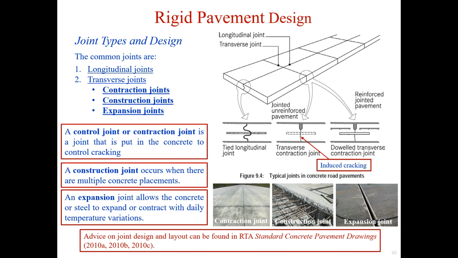We know the rigid pavement thickness design is dominated by stress caused by externally applied traffic loading, while the location and design of joints are dominated by the need to control stresses and strains induced by environmental changes within the pavement.